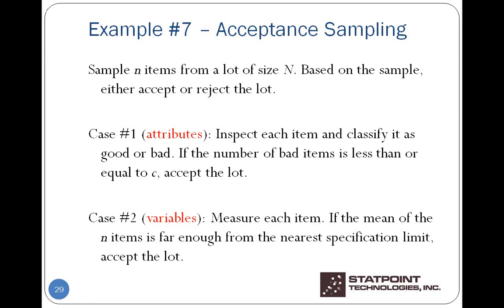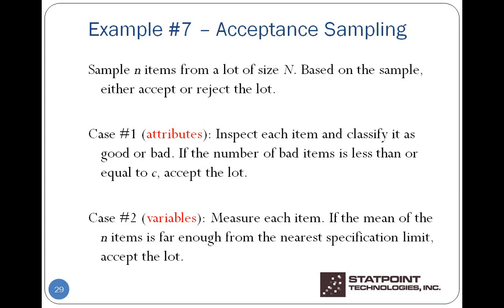Based on the sample, you're going to decide either to accept or reject the lot. Classic acceptance sampling problem. You're not going to look at every item. You're going to take a sample of little n and decide whether to reject capital N based upon the sample. Okay, now the obvious question is, how many samples do I have to take from that lot?